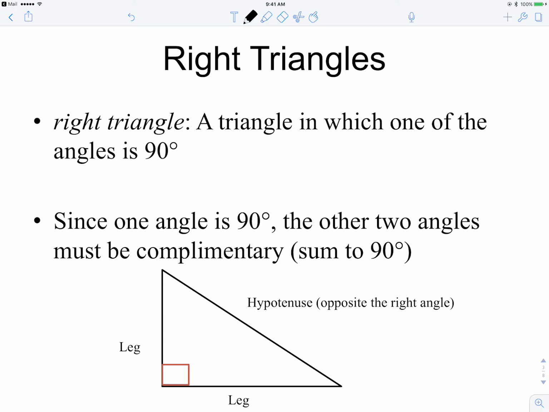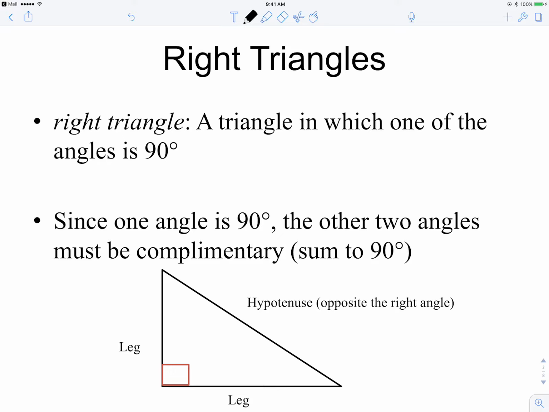Complementary angles are two angles that sum to 90 degrees, since the angle sum of a triangle is 180 degrees.